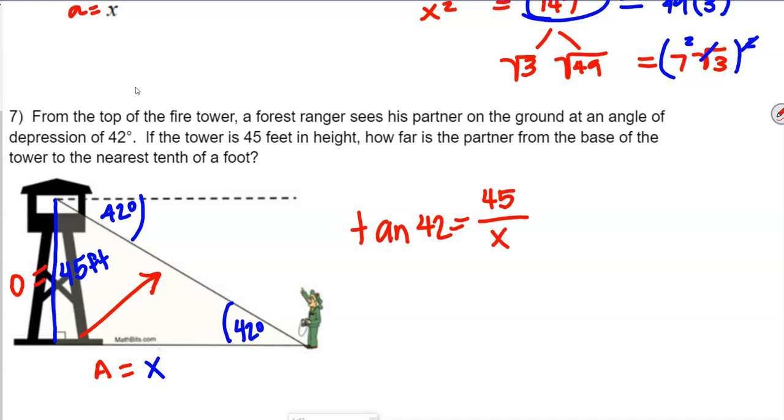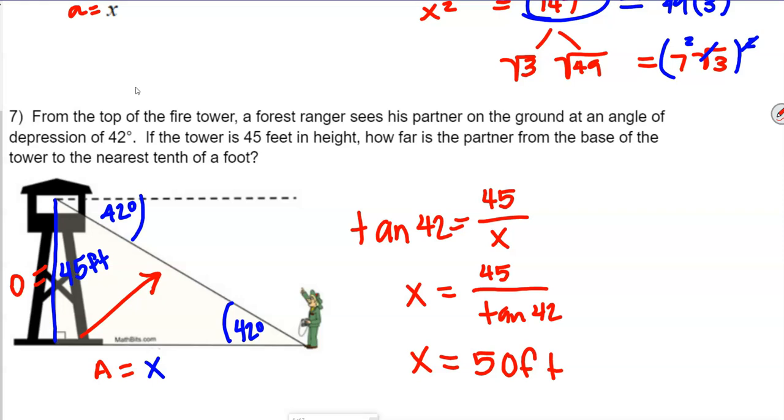Now, what do we do when we have a variable in the denominator? You got it. We switch them. So x is equal to 45 divided by the tangent of 42. So when you put this in the calculator, you get that x is equal to 50 feet. It said round to the nearest tenth of a foot, and actually we didn't have a tenth, okay?